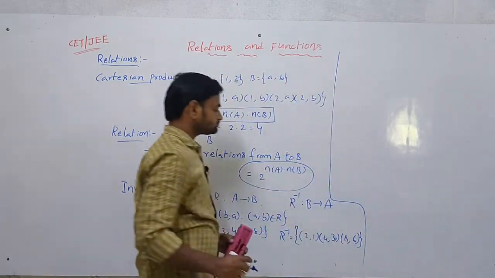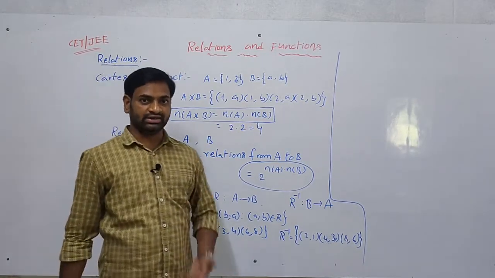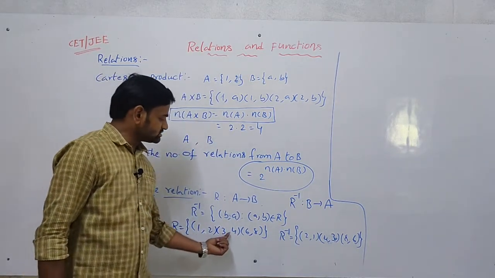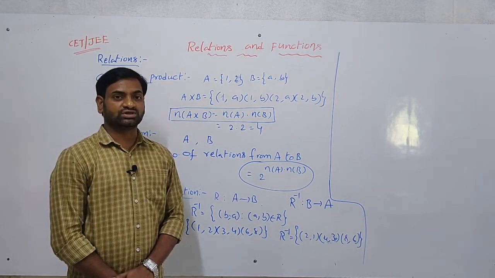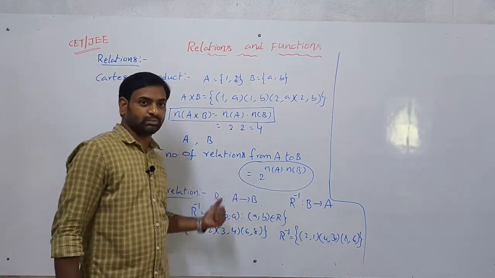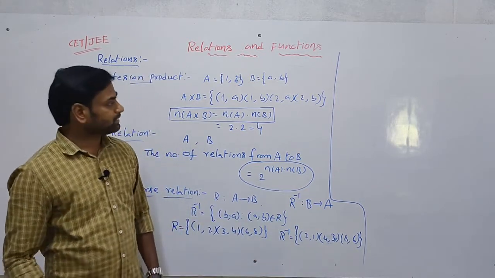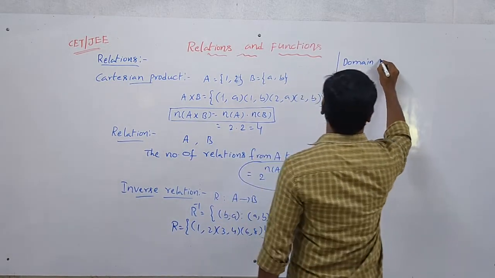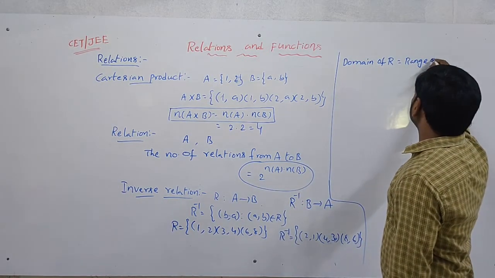In this, all of you know what the domain and the range are. The first elements of the ordered pairs are called domain elements. The second elements of the ordered pairs are called range. So domain of R is equal to range of R inverse.